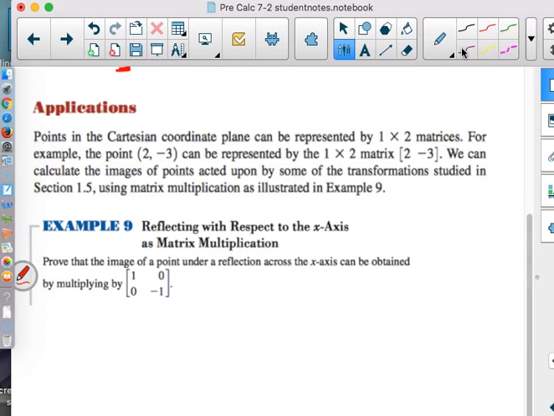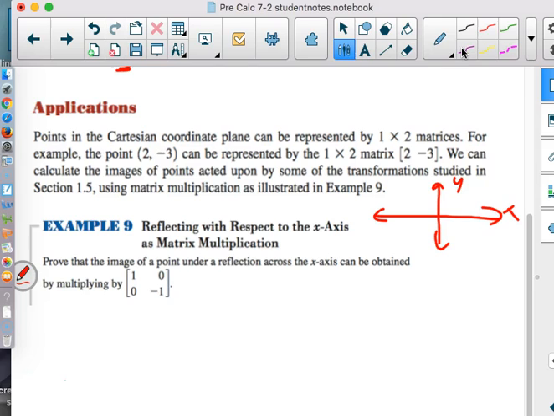So it says, we want to reflect with respect to the x-axis as matrix multiplication. Prove that the image of a point under reflection across the x-axis can be obtained by multiplying by this matrix. So I start thinking, all right, visual here of reflecting across the x-axis.